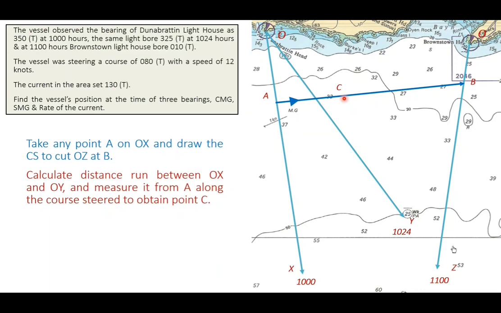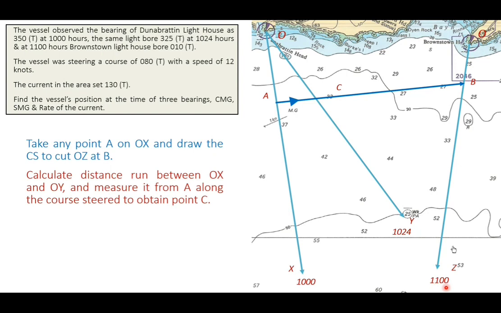Now I find out my engine distance for the time interval between the second PL, that is 1024, and the third PL, that is 1100 hours. For this particular question, it gives me a time interval of 36 minutes.